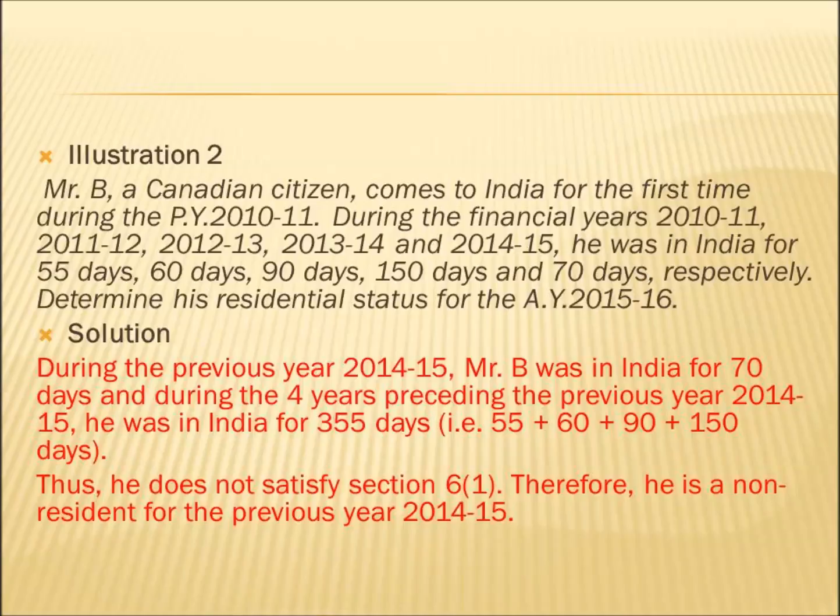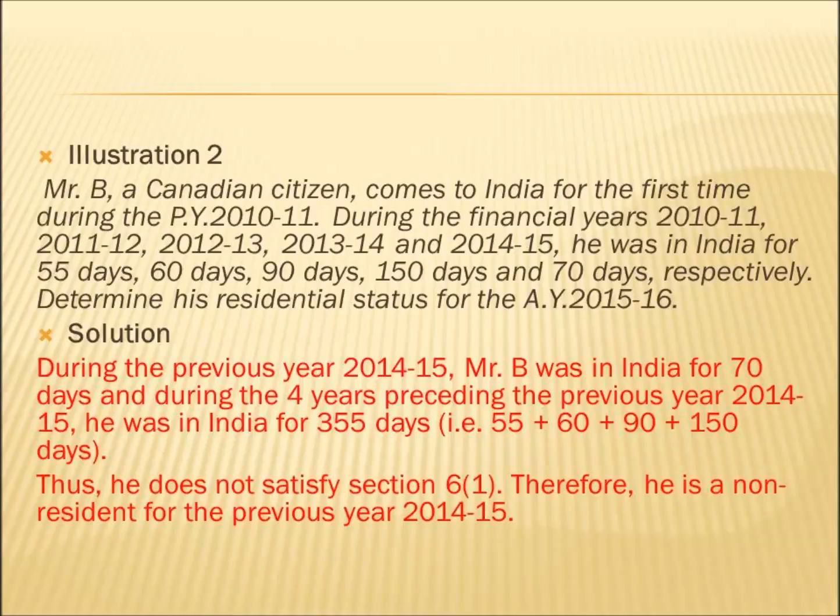What is that? We have to see whether the assessee is satisfying any of the two conditions given for being a resident of India. What are the two conditions? Number 1, he has to be in India in the previous year for a period of 182 days or more.